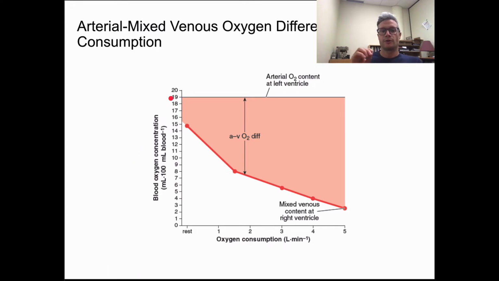To further set the stage, the top line indicates the arterial oxygen concentration in blood at the left ventricle. Let's pause and think about where the left ventricle is.